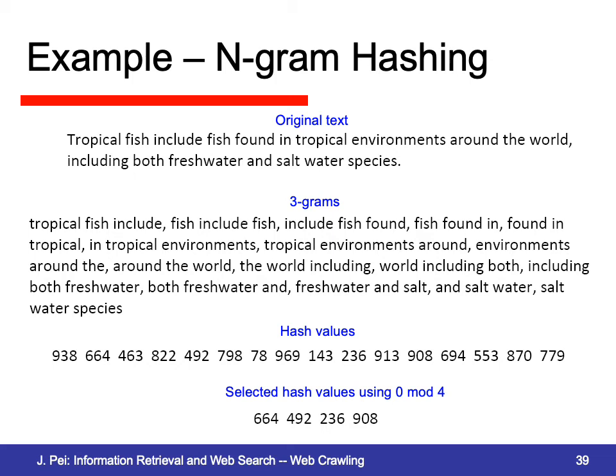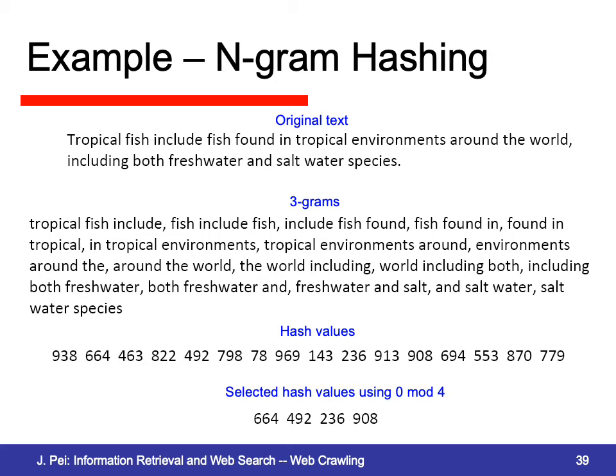Suppose the hash values are 938 for this 3-gram and 664 for this 3-gram. So you can see we have a series of hash values. Then suppose we select the hash values using 0 mod 4.